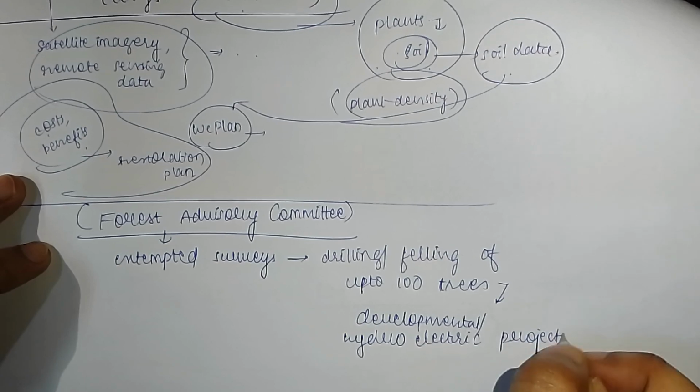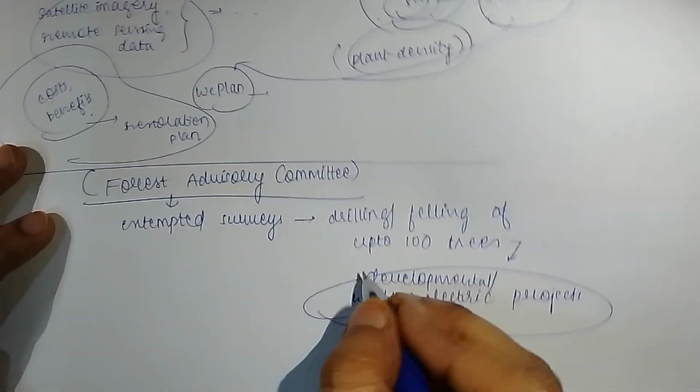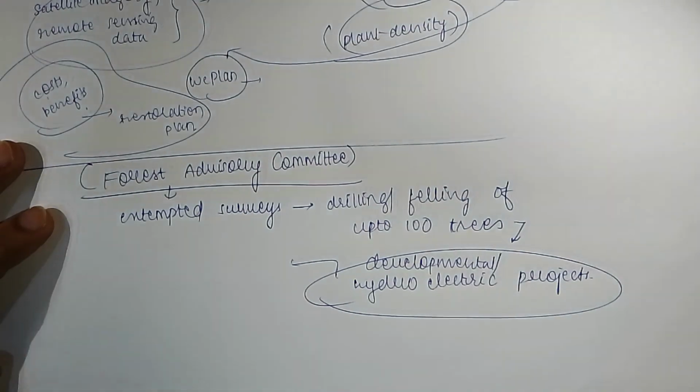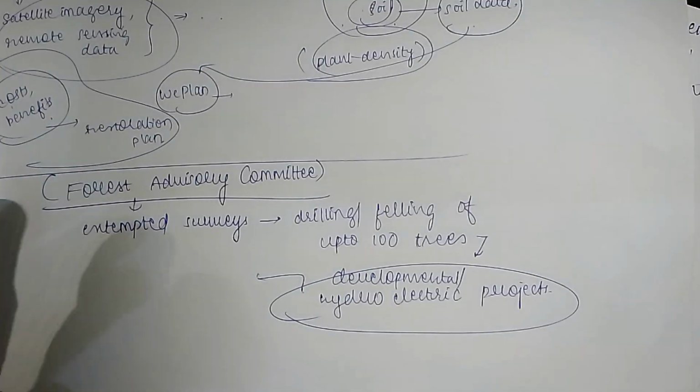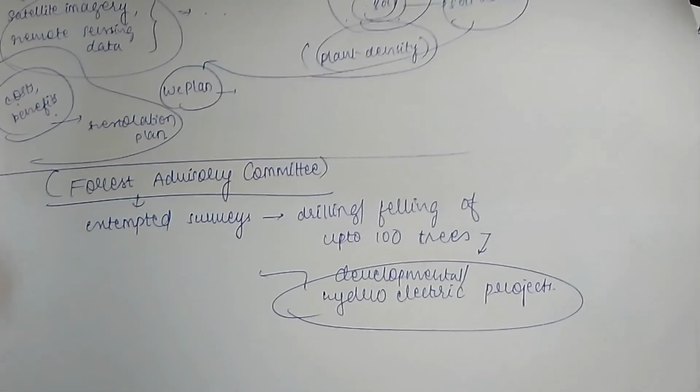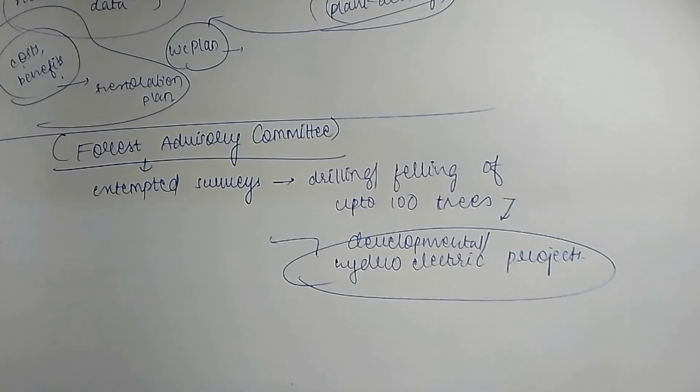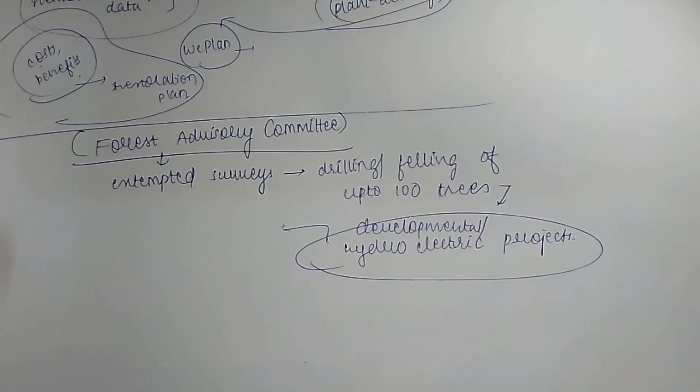That means those projects which cut 100 trees or fewer do not need any approval for the development of that particular project.